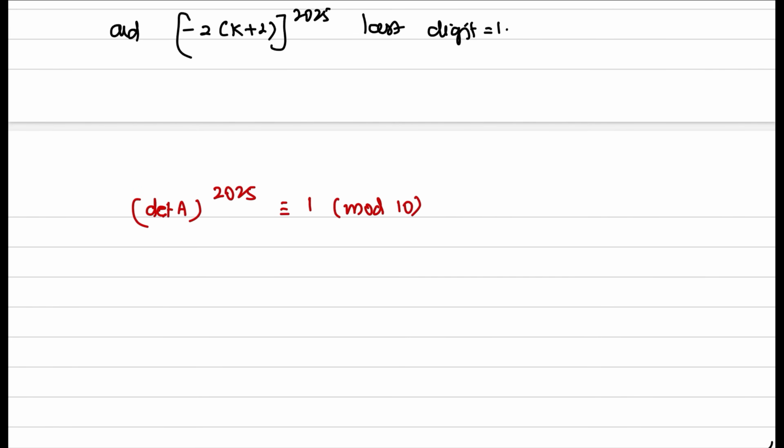This is for the last digit to be unit. This is a condition.